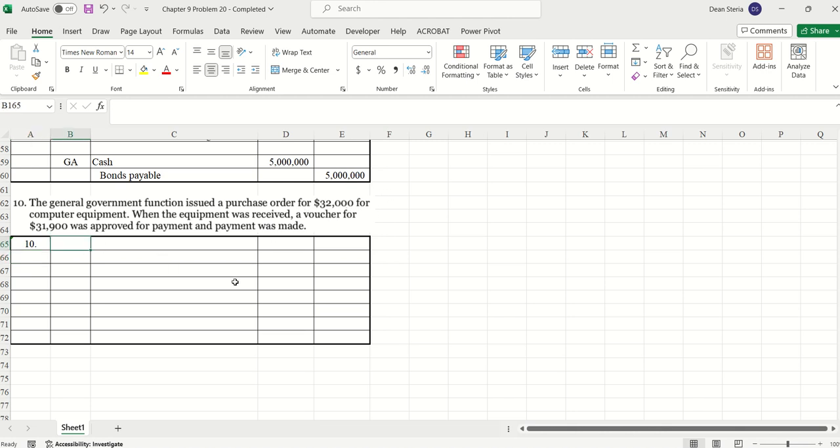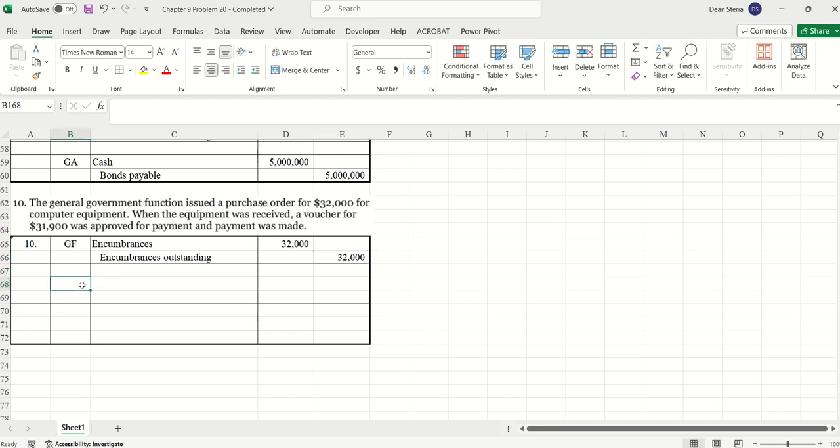Okay, and this is in the general fund. And we're going to hit encumbrances and then encumbrances outstanding. So our encumbrance would be for the $32,000 because that's the purchase order that we issued it for. We're expecting it to cost us $32,000.